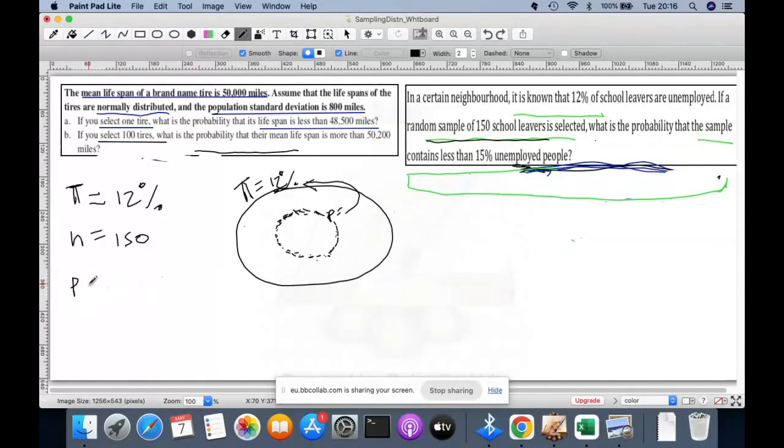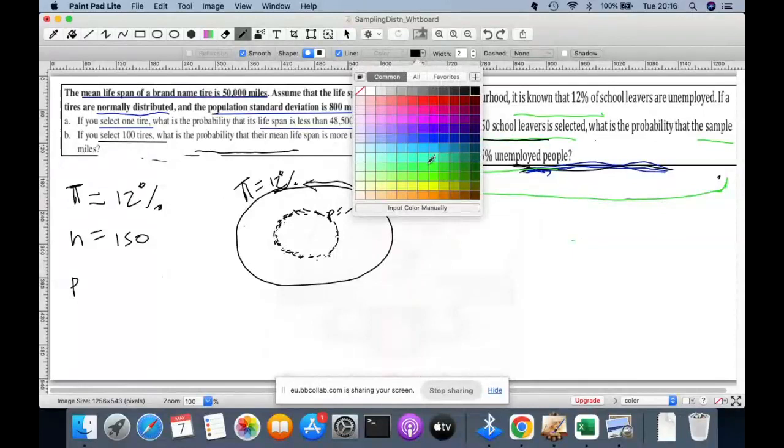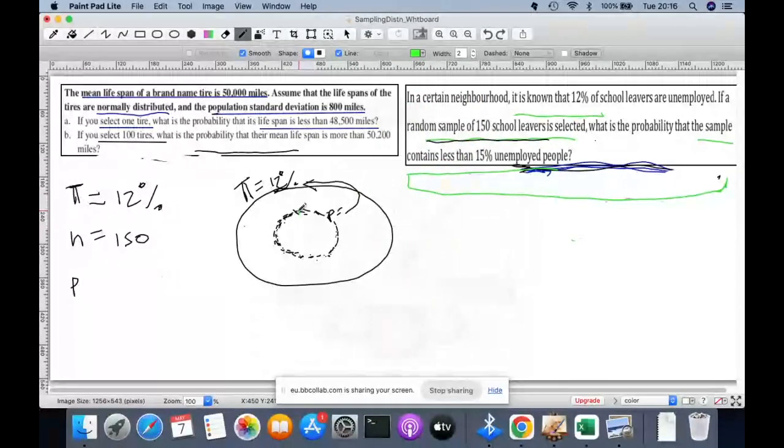So what they're asking you is, you've taken a sample of 150 people. This thing that I'm drawing in the dashed line, let me use a different color, this small circle here in green, this sample is 150 people. Now what you want to know is, what is the probability that this P, the percentage of people in the sample that are unemployed, is less than 15%?